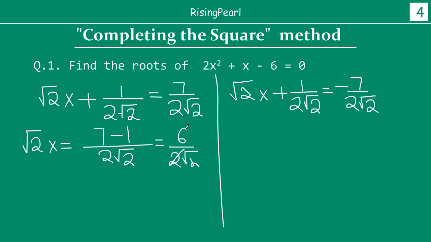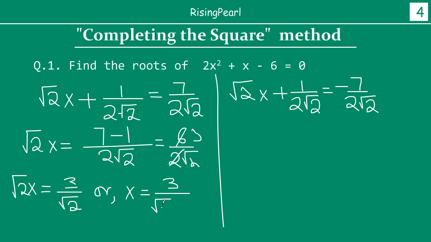So 2 3s are 6, so we will have square root 2 x equal to 3 by square root 2, or x is equal to, this square root 2 will come here, 3 divided by square root 2 times square root 2, or equal to 3 by 2. So x equal to 3 by 2 is one of the roots of the quadratic equation.